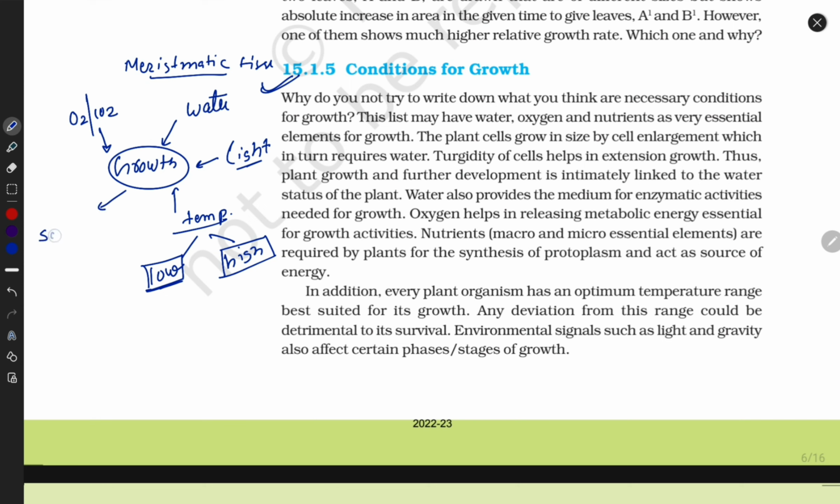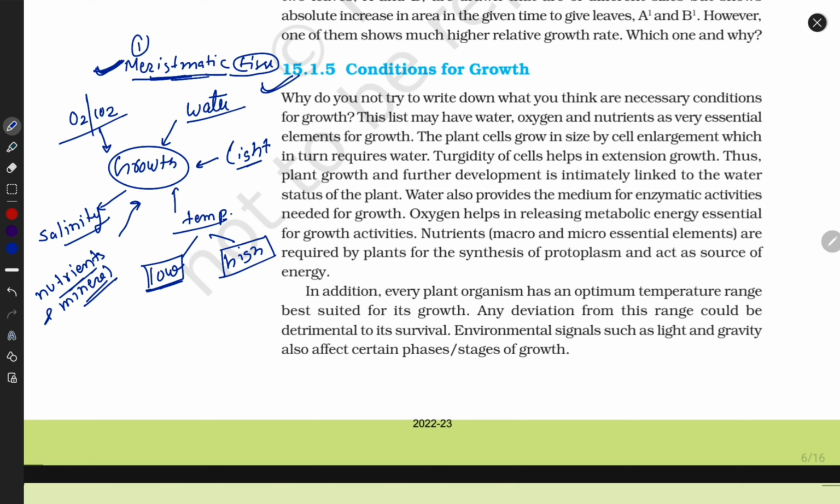Some plants depend on salinity. They can balance their osmotic pressure. Other factors like nutrients are also important in plant growth guys. Meristematic tissues alone are not responsible for growth. Gases level also affects plant growth.